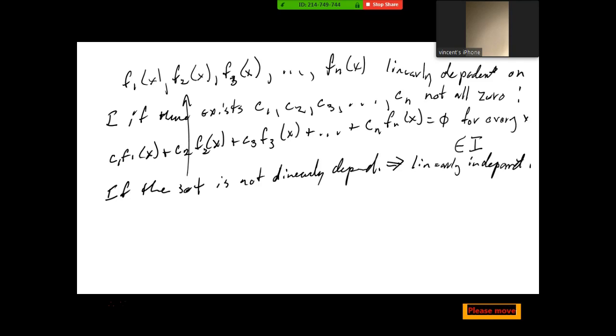Alpha1 is sine 2x. Alpha2, again, my pen's just not writing, is sine x cosine x.